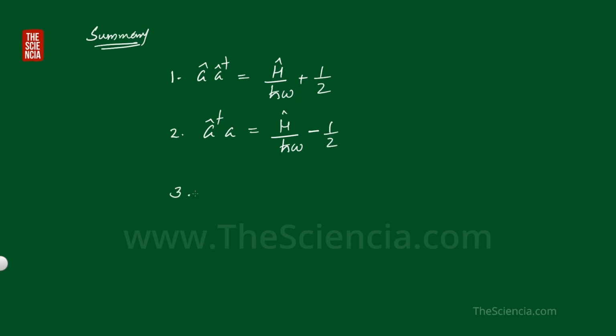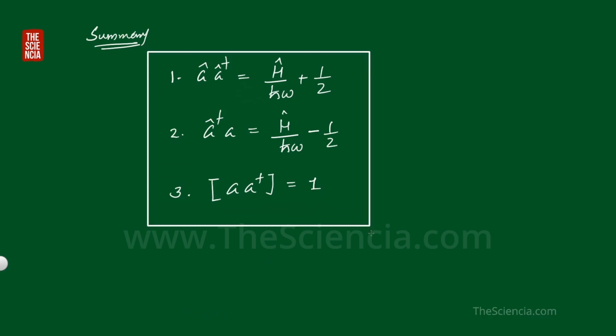And third one is commutator A comma A dagger is equal to 1. So please remember these three equations. If you know these three equations, then you can solve many problems relating commutators and the creation and annihilation operators.